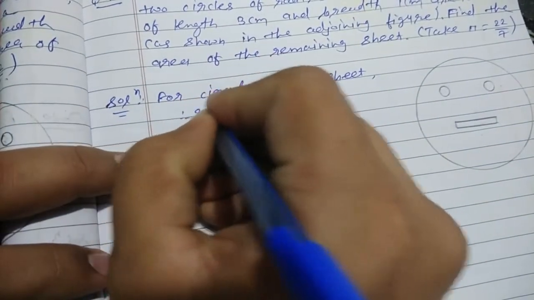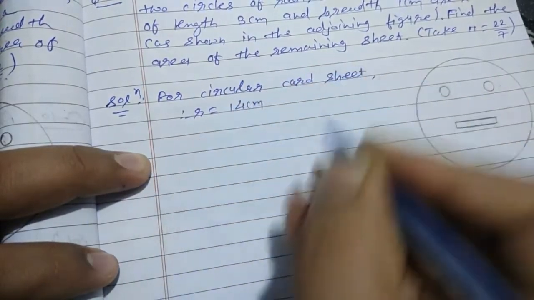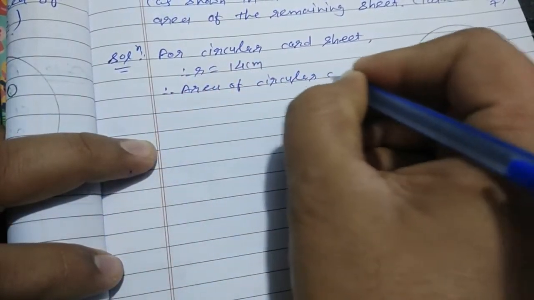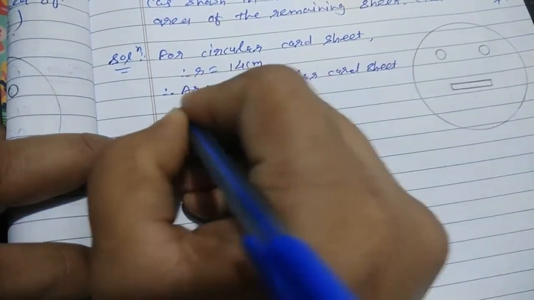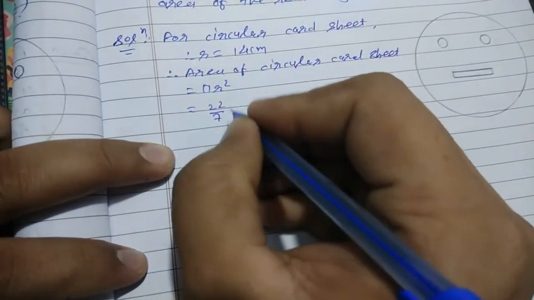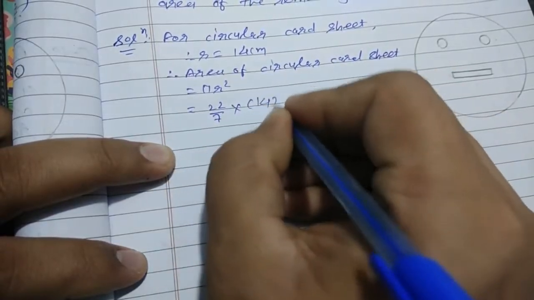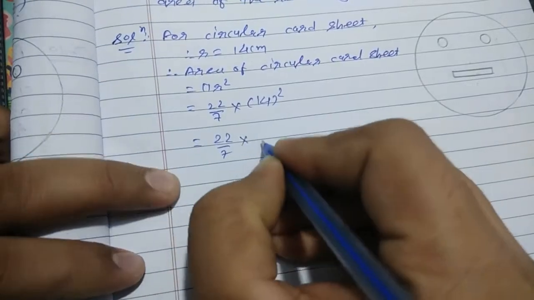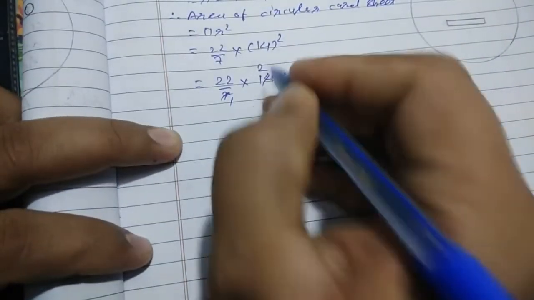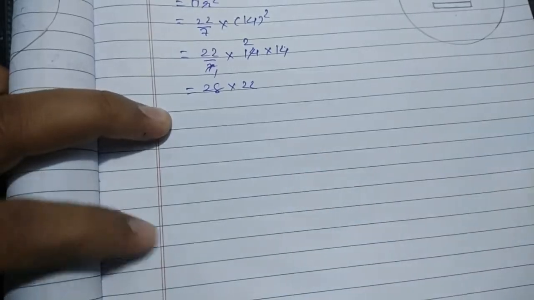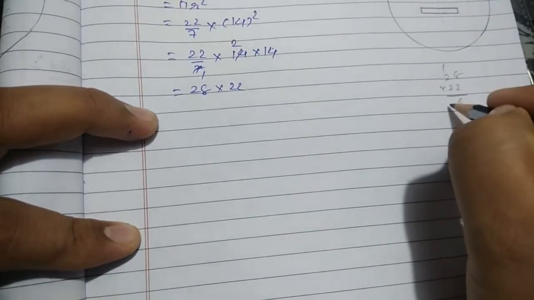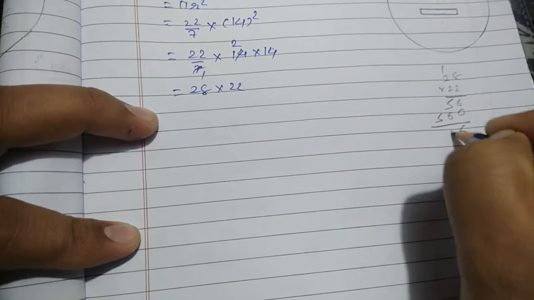So here we will write for circular card sheet, radius is given 14 centimeter, and therefore area of that is equal to pi r square, that is equal to, we have to take value of pi, that is 22 divided by 7 multiplied by r, it is given 14 square. 22 by 7 multiplied by 14 multiplied by 14, 7 ones are 7, 7 twos are 14, 14 twos are 28 multiplied by 22. 28 multiplied by 22, 8 twos are 16, 2 twos are 4 plus 5, 0, 6, 5, 6, 5 plus 6, 11, 1 plus 5, 6.